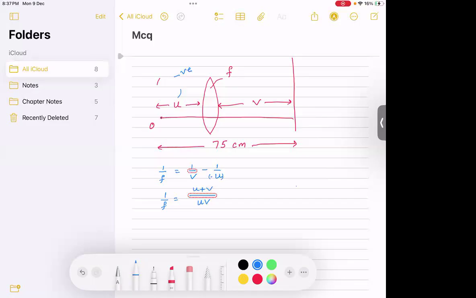So in the problem, you can take the object to screen distance they have given as 75. So u plus v is equal to 75. Therefore, 1 by f is equal to u plus v, which is 75, divided by the product of these two numbers, uv.